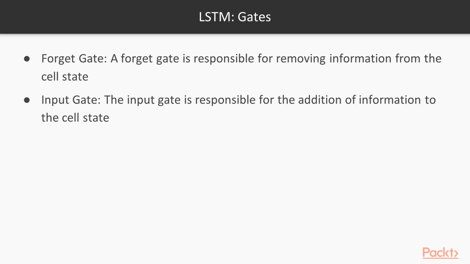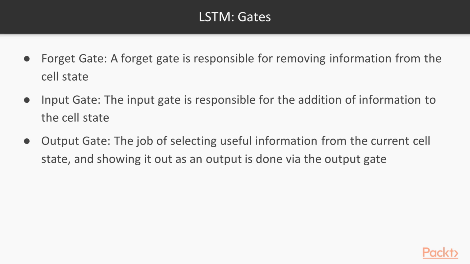Then we have the input gate. The input gate is responsible for adding information to the cell state. Suppose you are processing a sentence and you realize that this is important information that you want to keep; you will use the input gate to add it to the cell state. Now you have a cell state and you want to manipulate it and find something useful out of it.